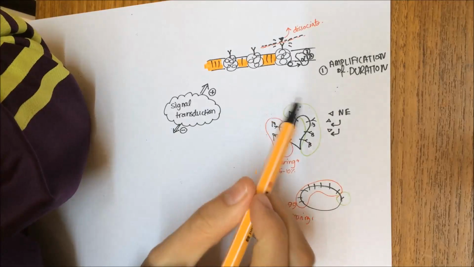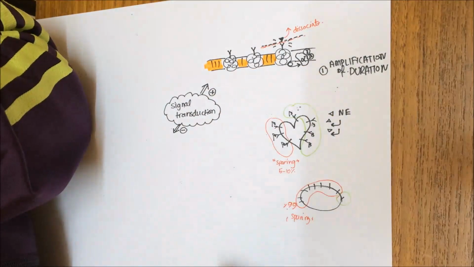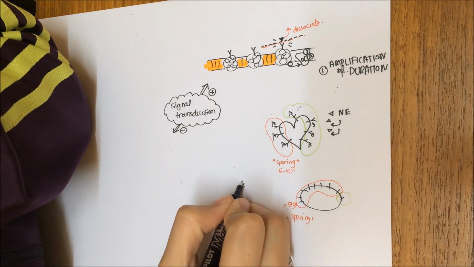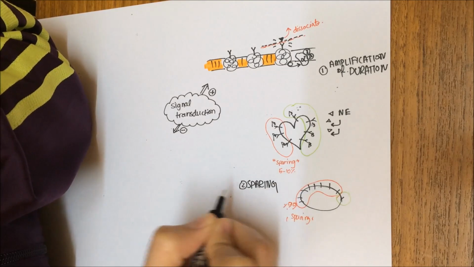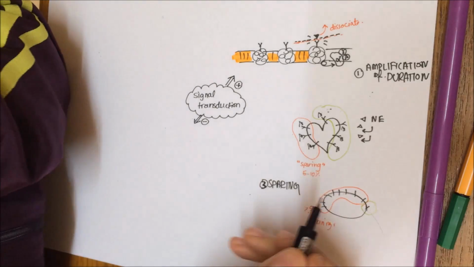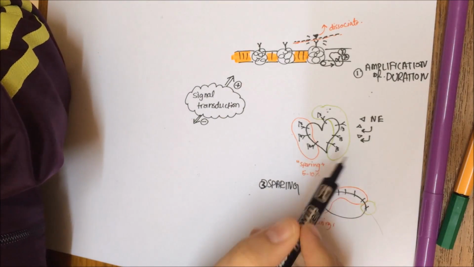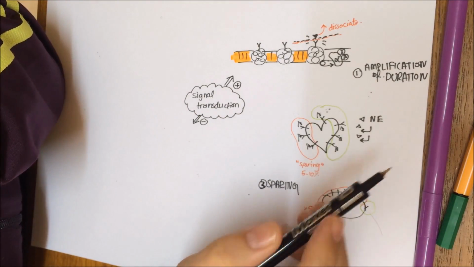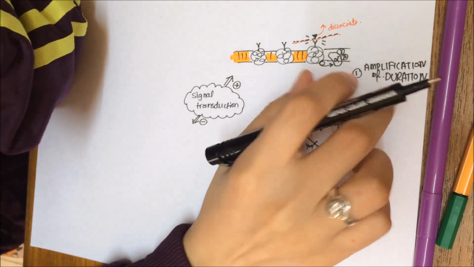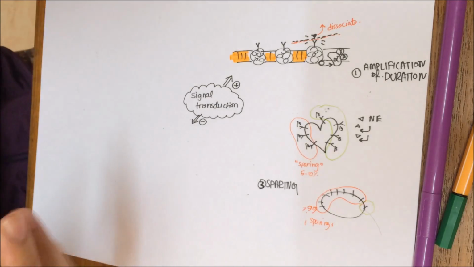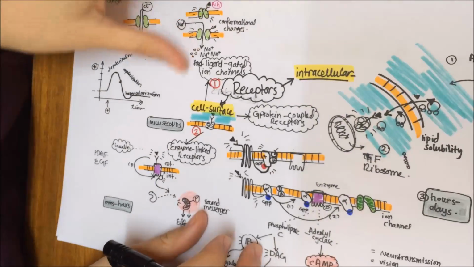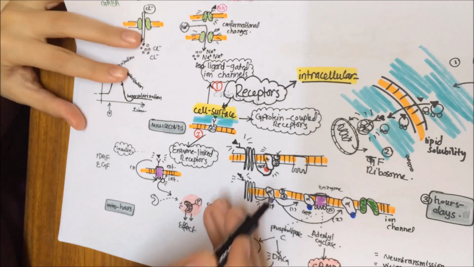Okay, so now we have two ideas: the amplification of the duration and the sparing receptors. Now, the third thing is the amplification of the magnitude of the signal itself, away from the amplification of the duration. We can explain this if we come back to the G protein coupled receptors.